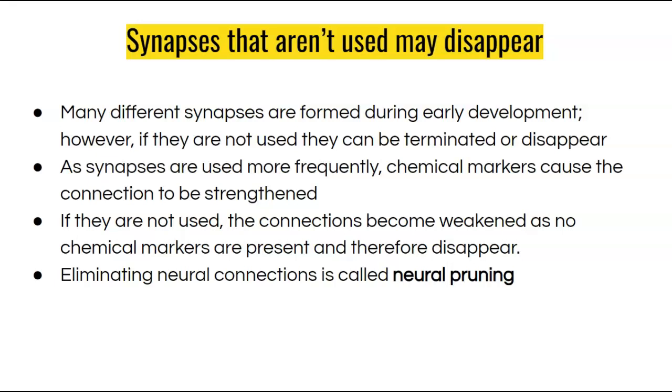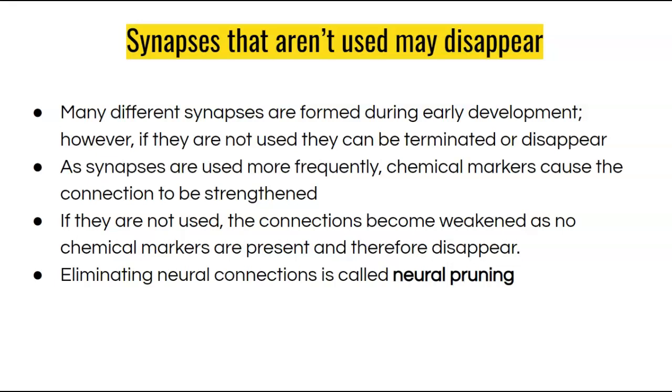Okay, the more frequently you use a synapse, the chemical markers in your body will cause that connection to be strengthened. So if you are typing all the time, or doing something on the computer, eventually you'll be able to do it with your eyes closed, or like you hear people say, oh, I can do that in my sleep, because you've done it so much that your brain has basically automated the process.